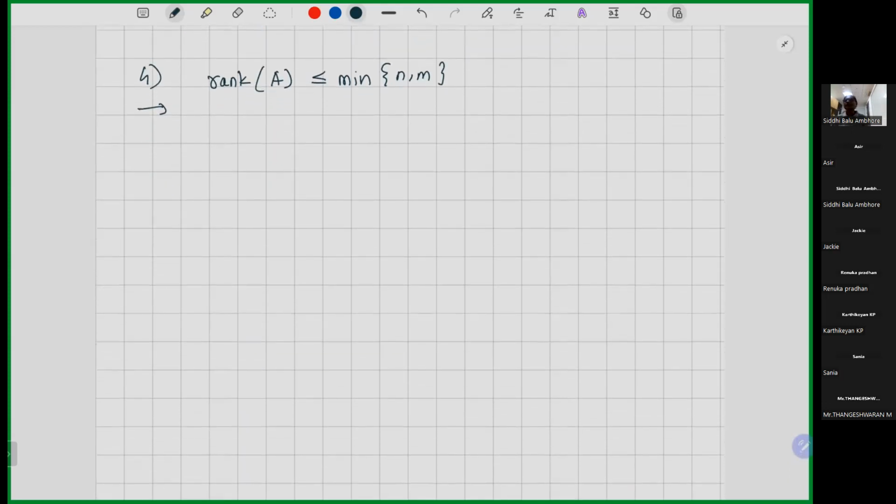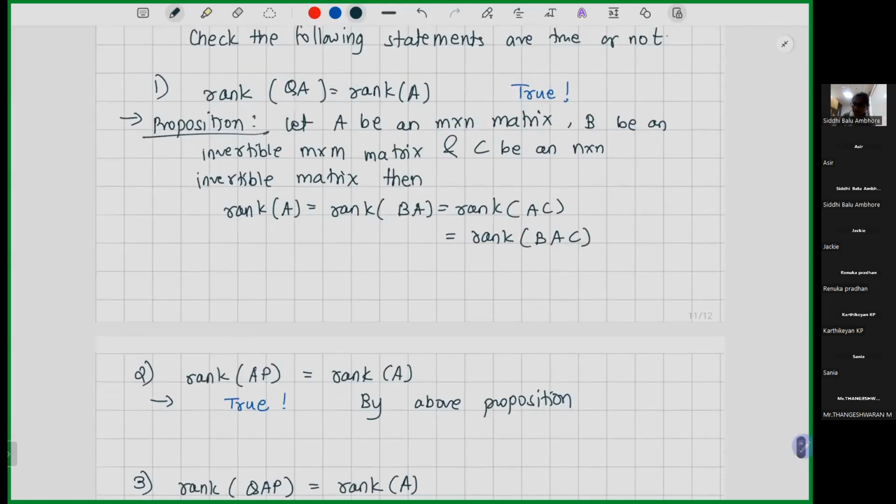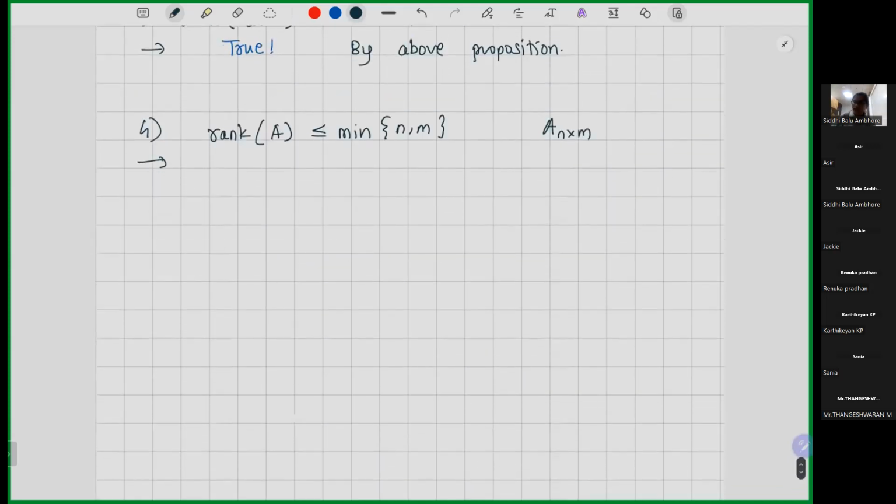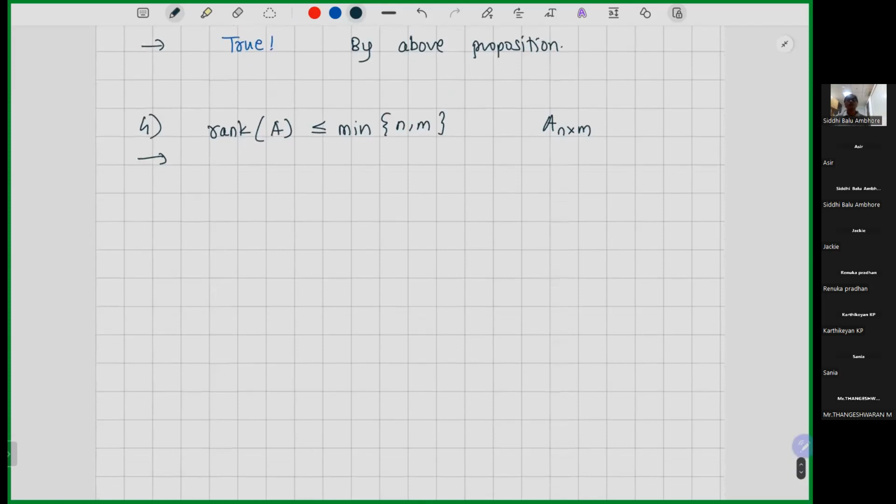Whether this statement is true or not, that rank of A will be less than or equal to the minimum of N and M. So A is N cross M, I guess. It is an N cross M matrix. Any guesses? It is true.